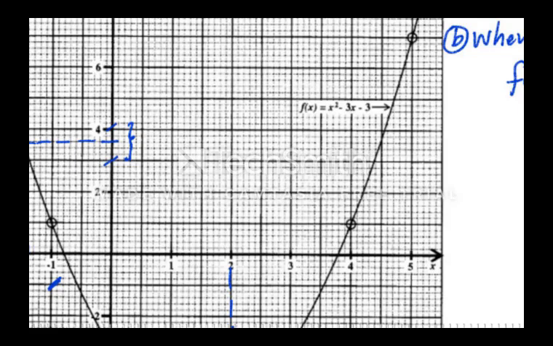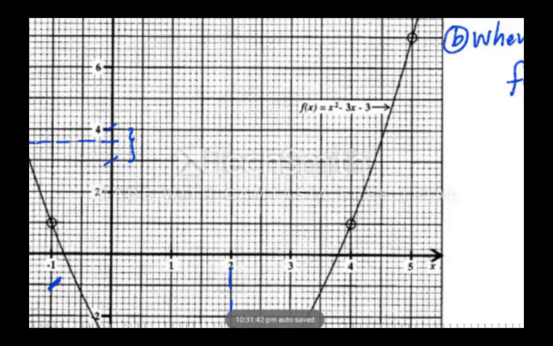Every centimeter on your graph is divided into 5 equal parts, and since 1 centimeter is representing 1 unit, when you divide 1 by 5, you get 0.2.